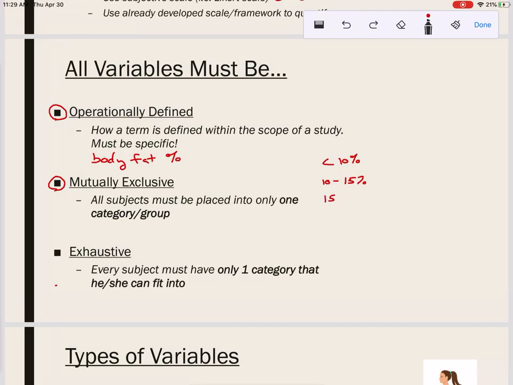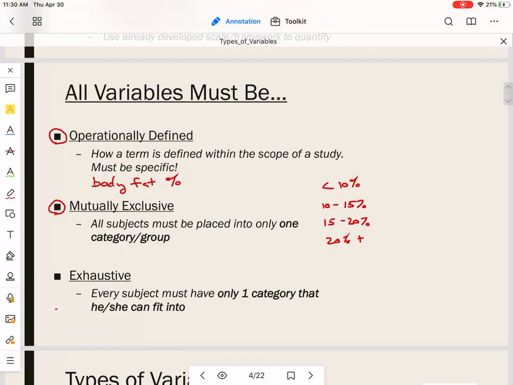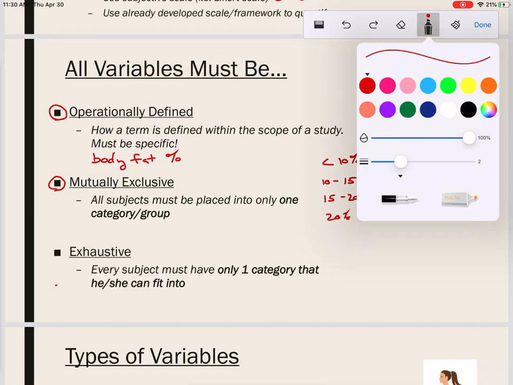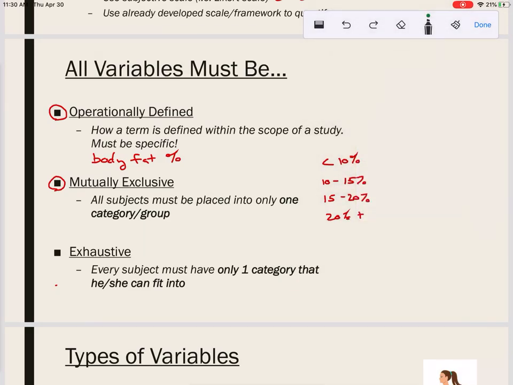I say, well, our subjects may fall under, let's say they can be less than 10% body fat. They could be 10 to 15% body fat. They could be 15 to 20. They could be 20% plus.